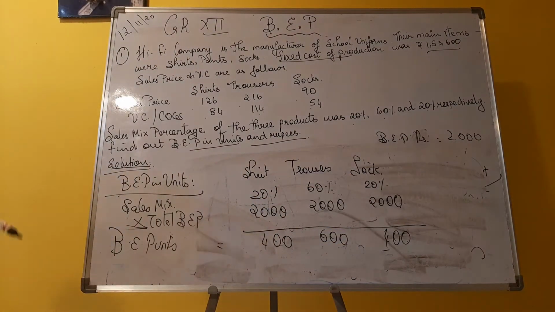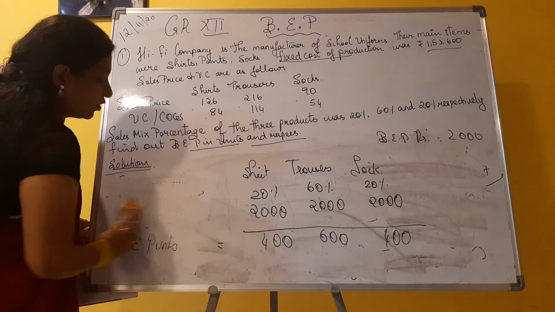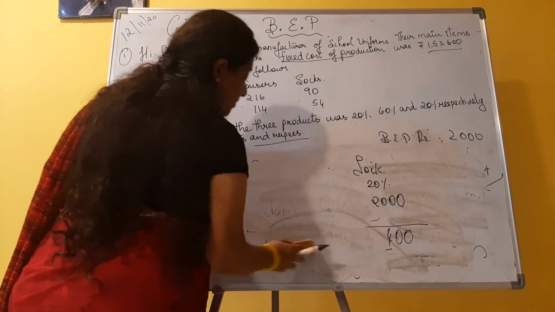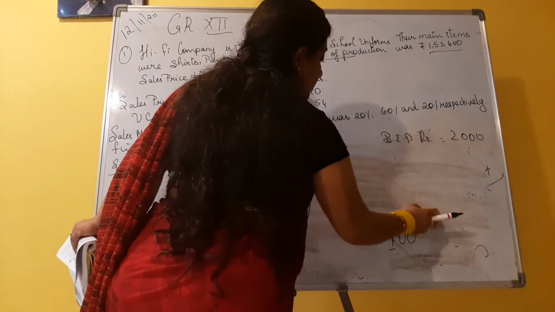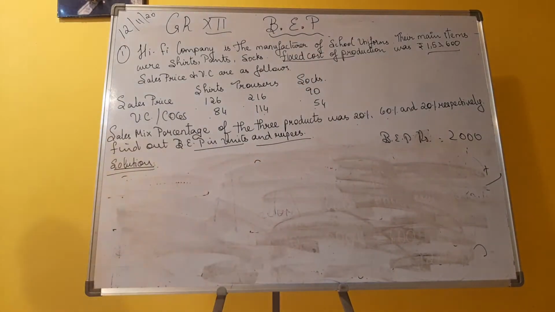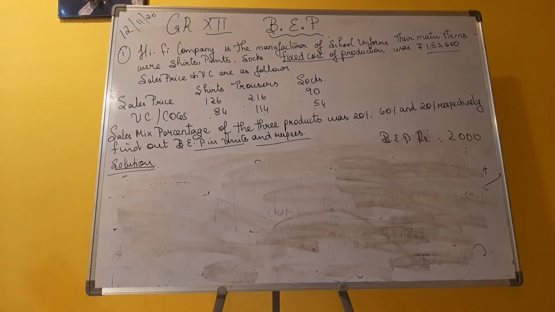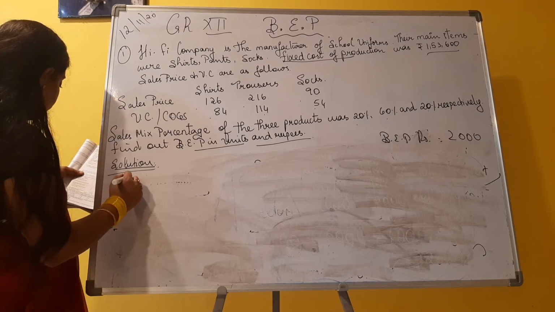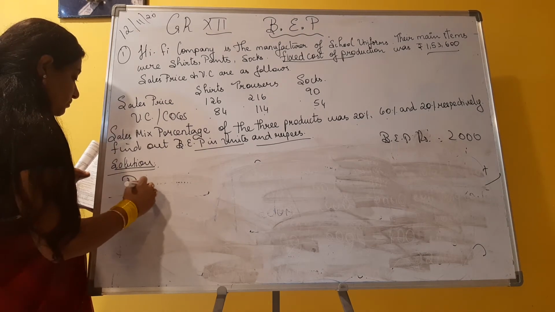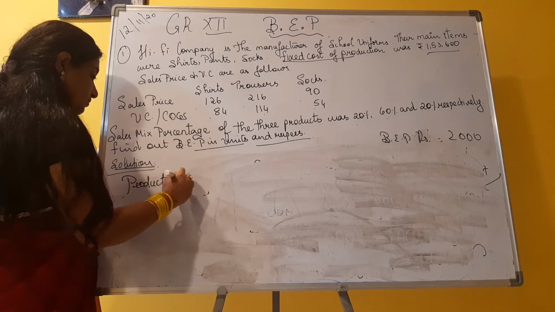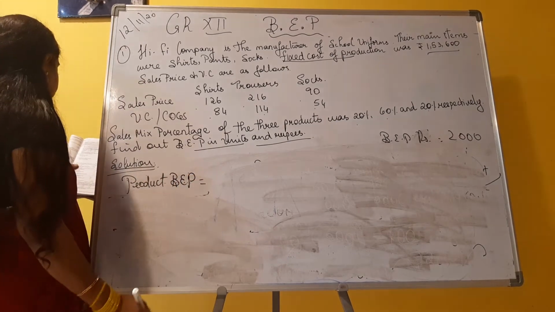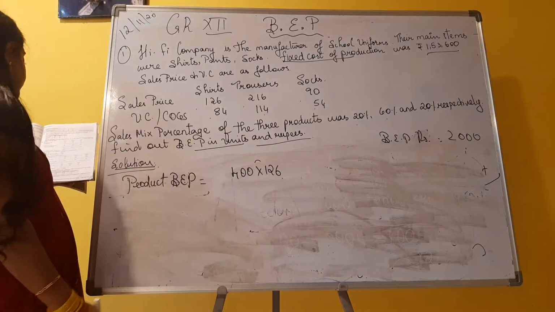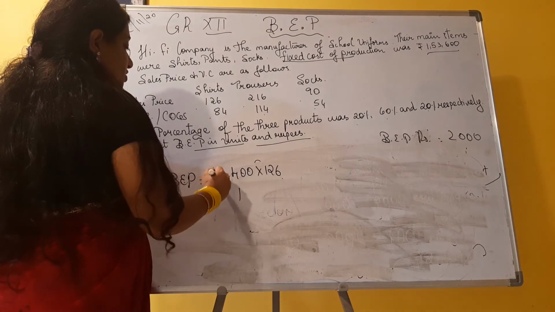Understood? Now I have to rub the board one more time, children. This is a lengthy sum. Product BEP is nothing but 400 into 126, that is the selling price, for shirts.